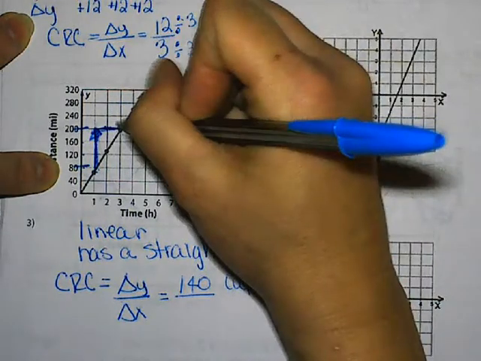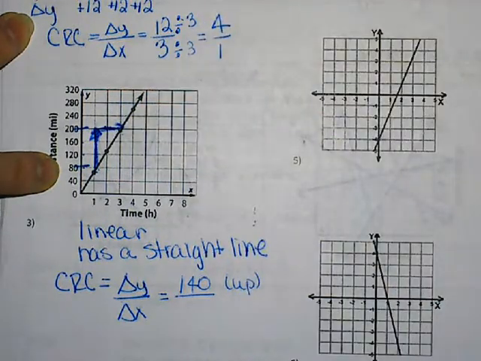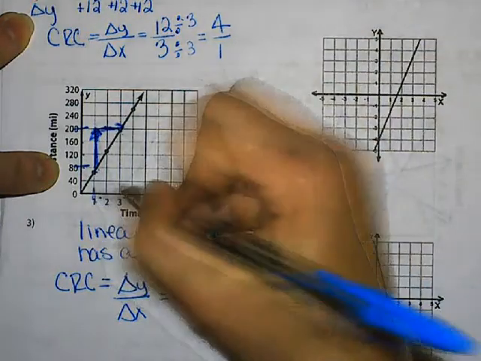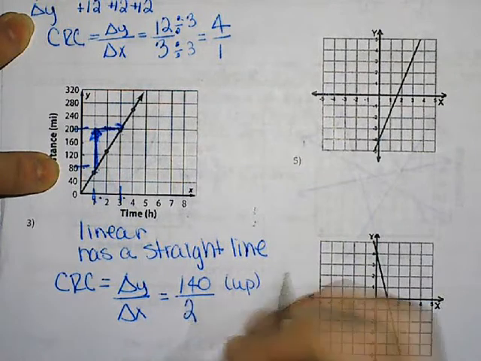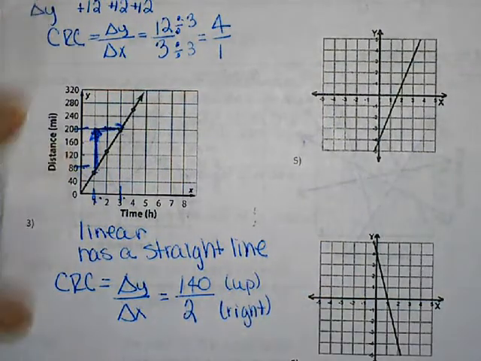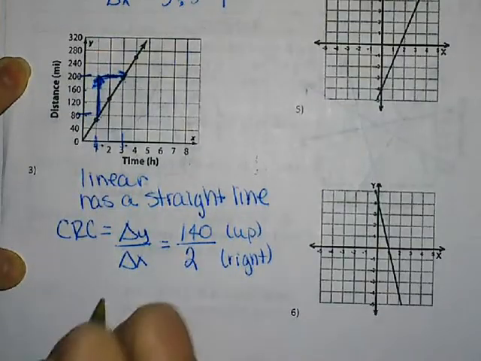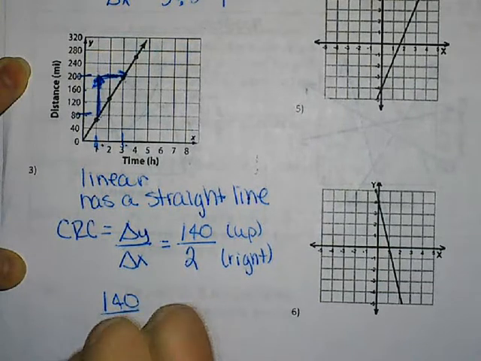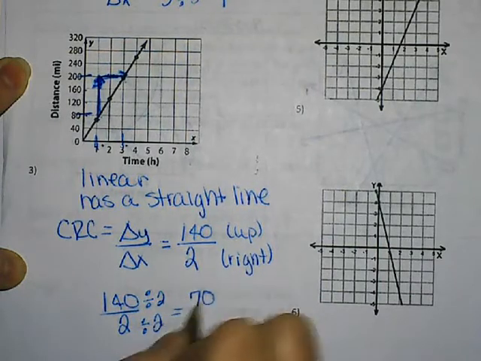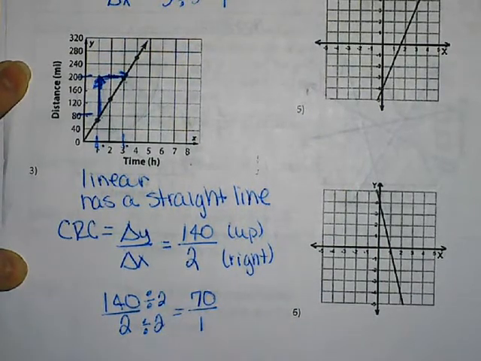Since I'm going to the right, it means that it's positive. I'm going to go to the right 2. And remember, it does need to be simplified. So I have 140 over 2. These can both divide by 2 and give you 70 over 1.